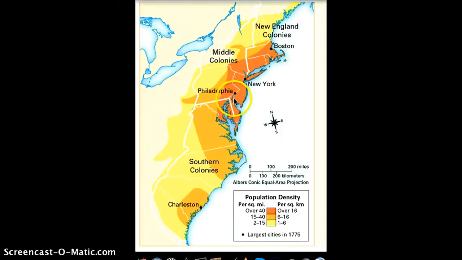Is it any coincidence that the three biggest cities are in these particular areas? I want you to start thinking about why more people live in these areas. That is a question that we must think about and understand. Think of at least two reasons why more people would live in these areas than some of these areas out here. So there we have population density.